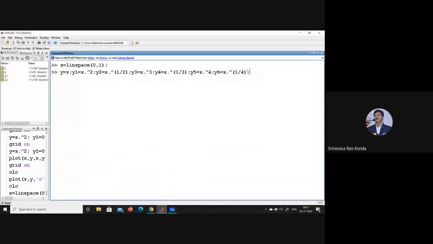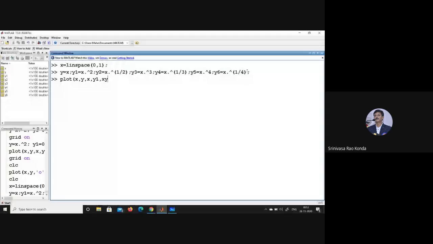Okay, we take one more curve. We will stop otherwise. plot(x,y), (x,y1), (x,y2), (x,y3), (x,y4), (x,y5), (x,y6).